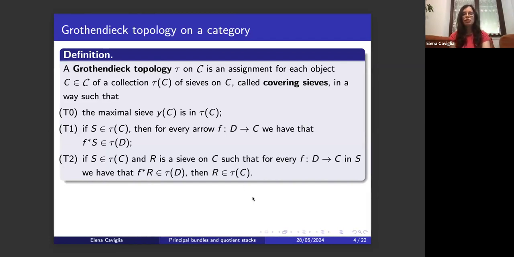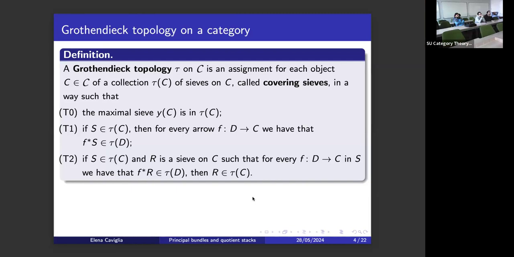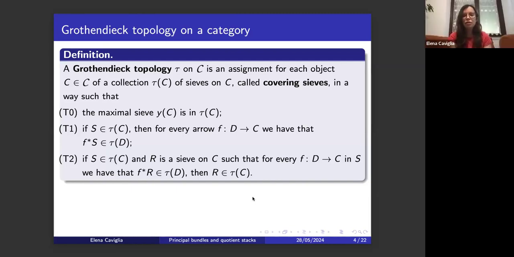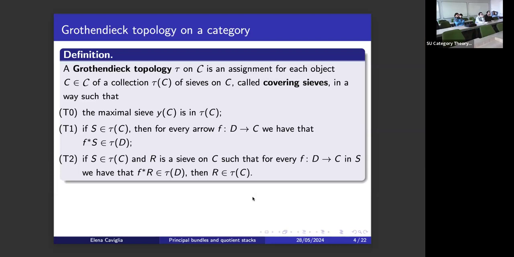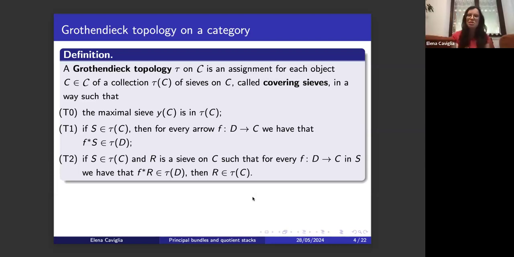And we also have a notion of a basis for a Grothendieck topology, like what happens for a usual topology. So instead of talking about sieves, a basis speaks about covering families. So we don't require the covering families to be closed under pullbacks. We don't require the covering families to be closed under precomposition, but we still require some axioms that are really similar to these ones.